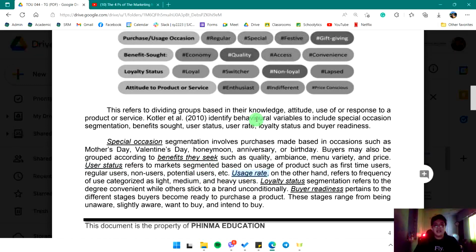Usage rate, kung gaano sila kadalas nga na gumamit, whether light use lang or medium use or heavy use. Loyalty status, if they are loyal to a specific brand, and buyer readiness kung handa silang bumili ng ating produkto. So this is how the market moves, and we will segment them based on these categories.